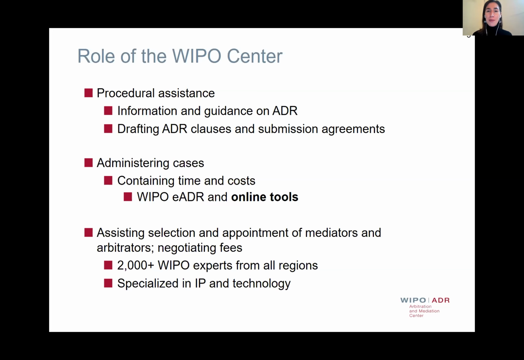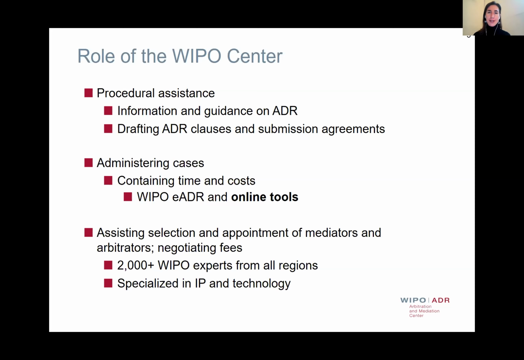But I think that our help choosing the mediator and the arbitrator is important, and is even more important when you're dealing with an IP dispute, because as my co-panelists have also mentioned before, IP disputes can be very specific. So really the specialization, the technical background, sometimes business background of the mediator, the arbitrator is essential. So we do have this very wide list of more than 2,000 experts, which is available to act as mediators and arbitrators.